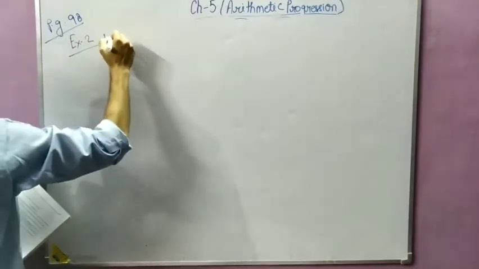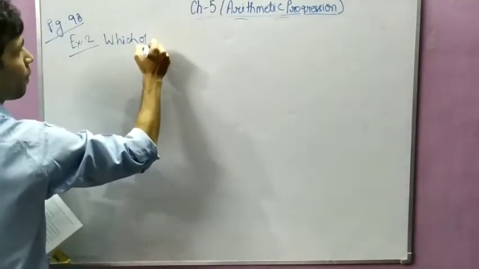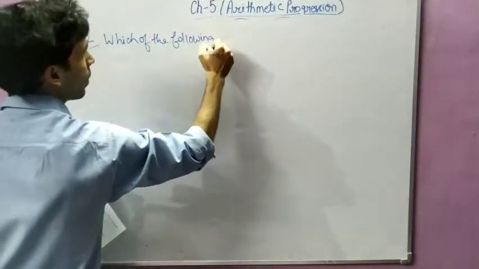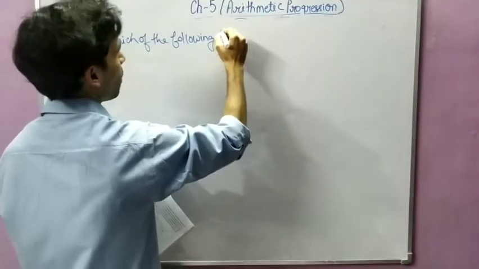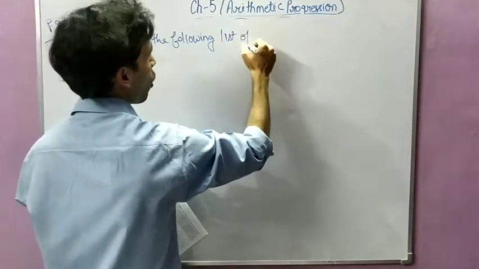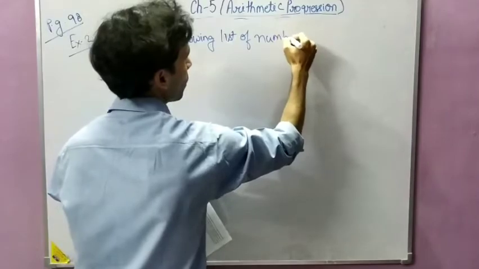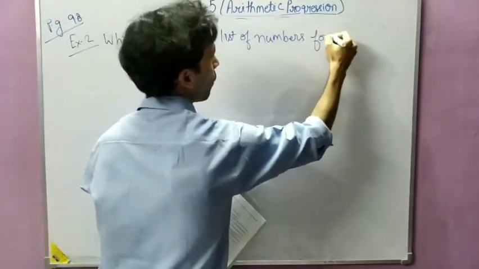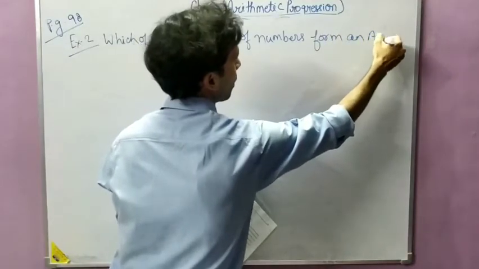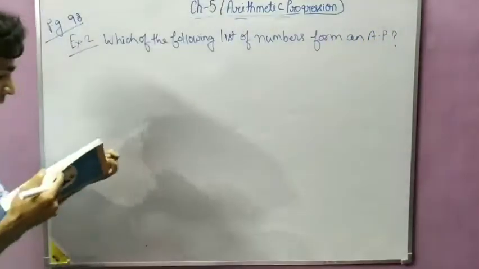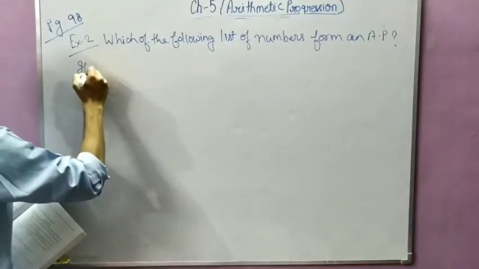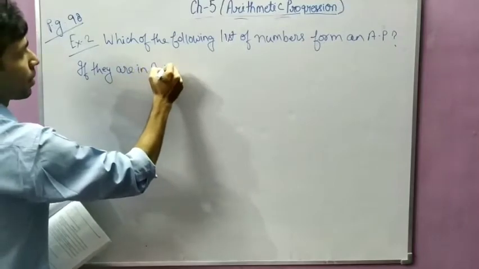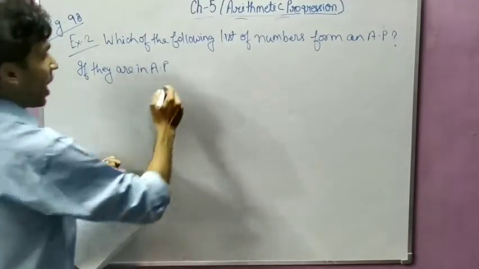Which of the following lists of numbers form an AP? After that, if they are in AP, write the next two terms.